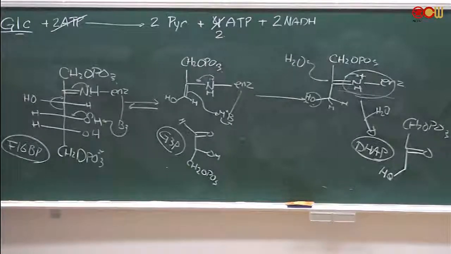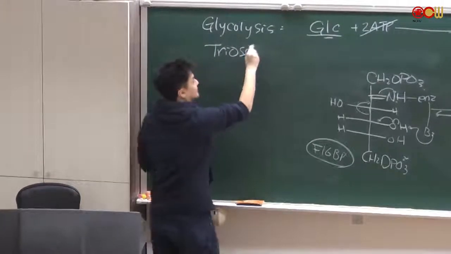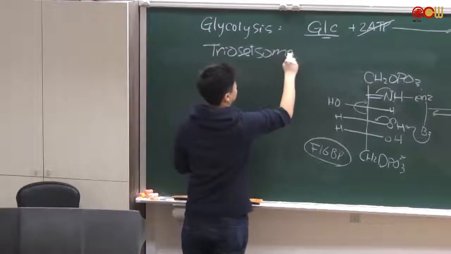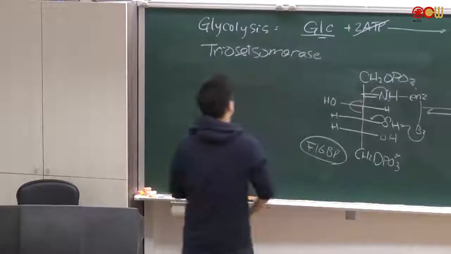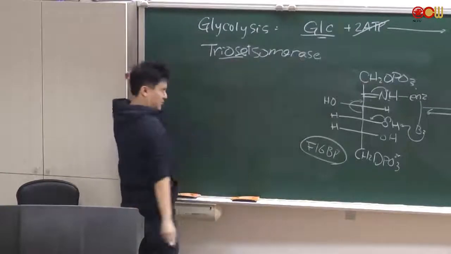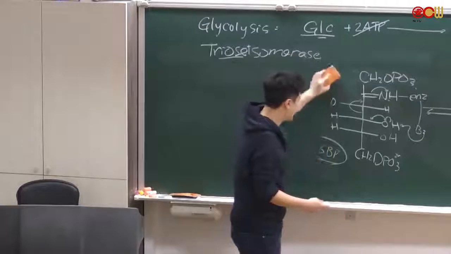This thing is called triose isomerase. Triose meaning 3 carbon sugar, and isomerase meaning it's doing an isomerization reaction.